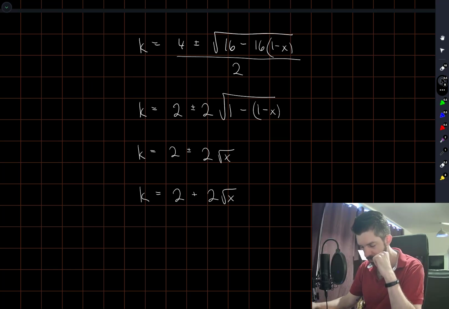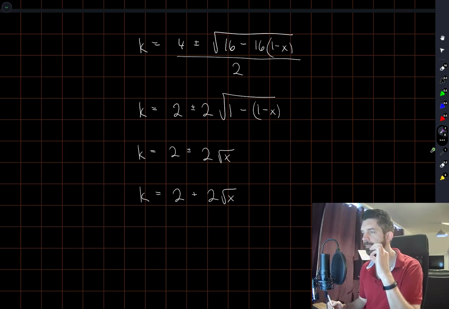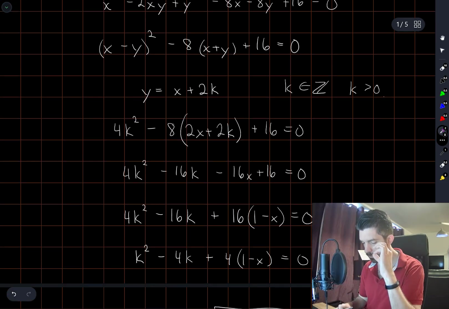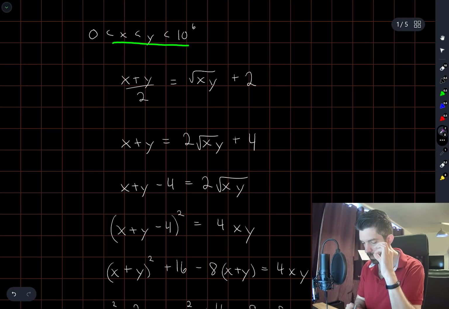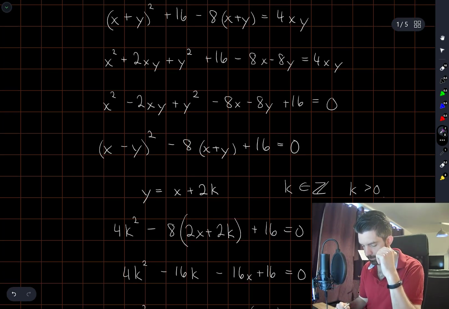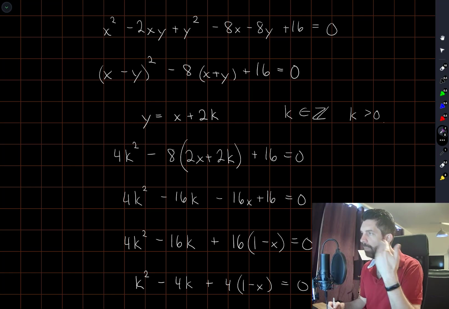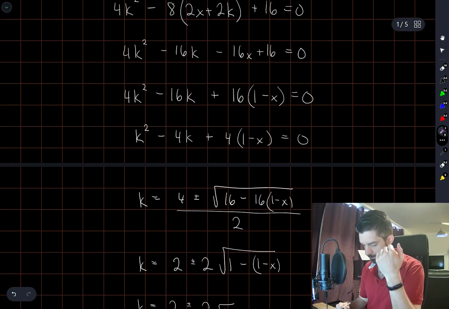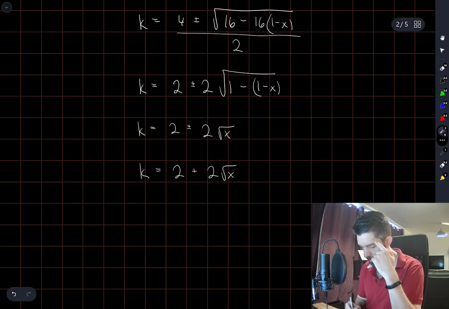This is interesting because it says that if we fix x as any value between 1 and a little bit less than 1,000,000, we know that y has to be greater than x by an even amount, and that even amount has to be a positive integer.